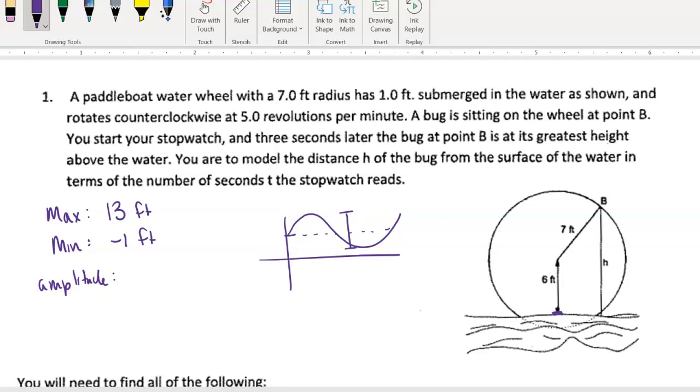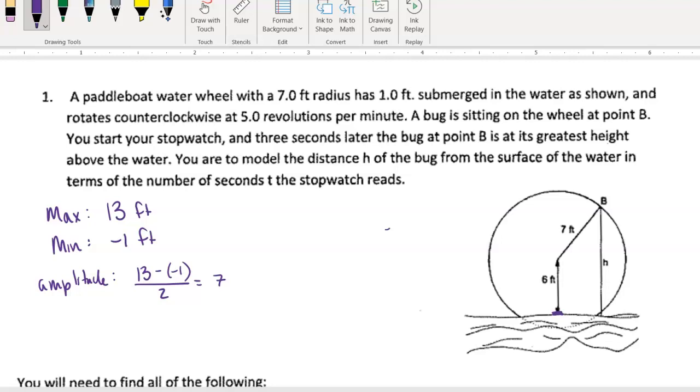So we can use that same concept to help us figure out what the amplitude would be in this situation, because we know that the highest value is 13, so the maximum is 13. So we could subtract from that the lowest value, which is -1, and then take half of that. So 13 minus -1 would be the same as 13 plus 1, which is 14, and 14 divided by 2 would be 7. So the amplitude is going to be 7.